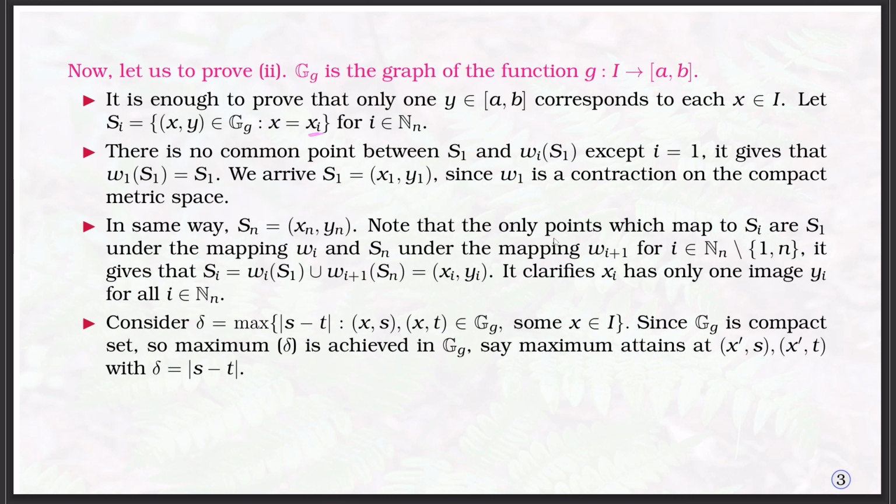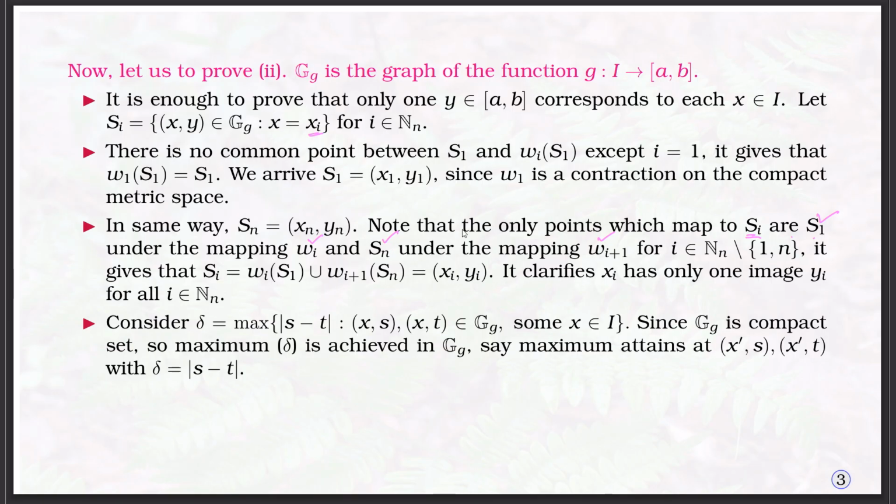Note that the only points which map to S_i are S1 under the mapping W_i and Sn under the mapping W_{i+1}, for all i belongs to n, removing 1 and n.